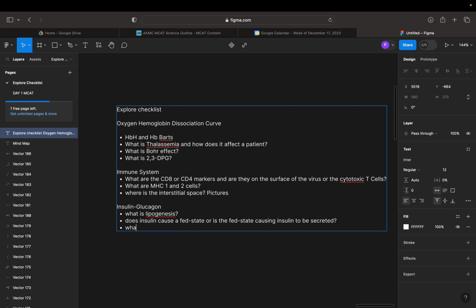So we need to make sure that we know what glucose metabolism is, and does glucagon increase that.